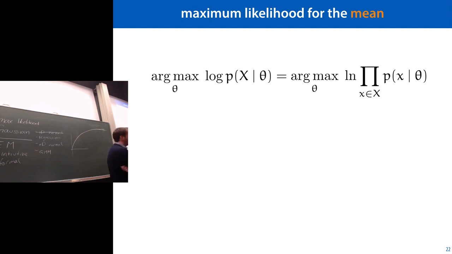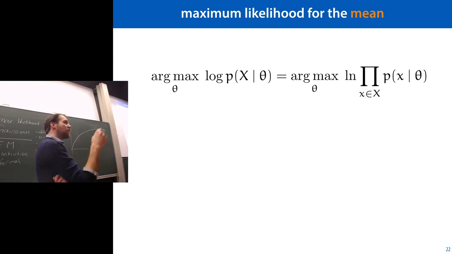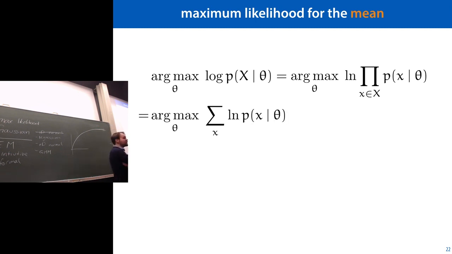And since we assume in almost all of these cases that our data is independently drawn, the probability over the whole data set is the product of the individual probabilities. So we just take this product here, and a product inside a logarithm is a sum when you take it outside of the logarithm.